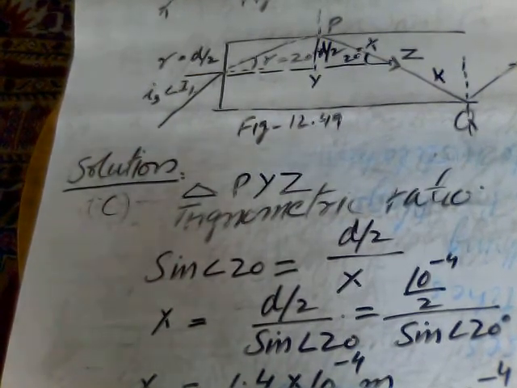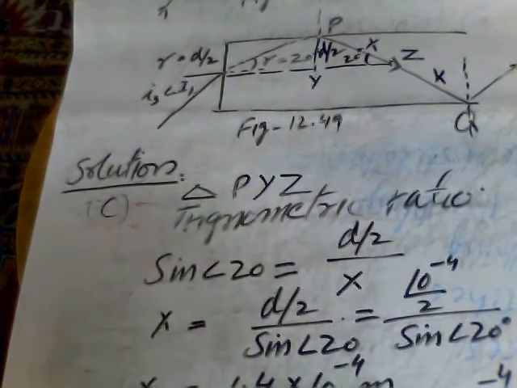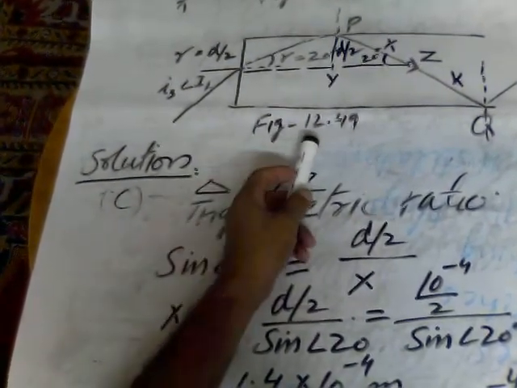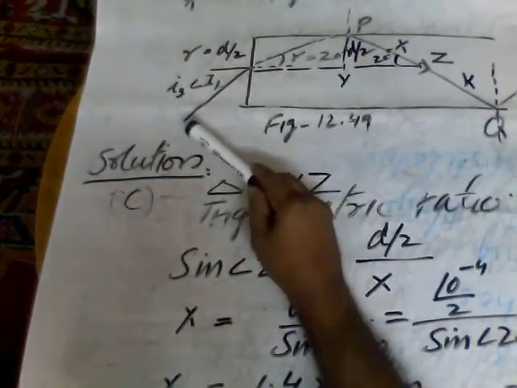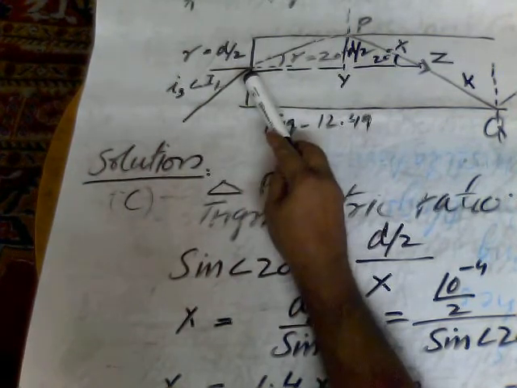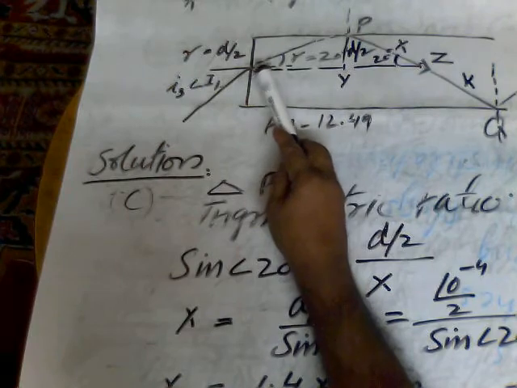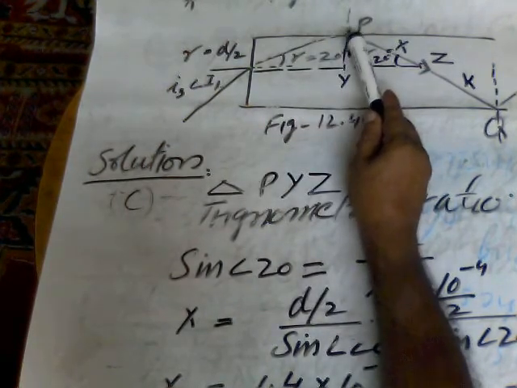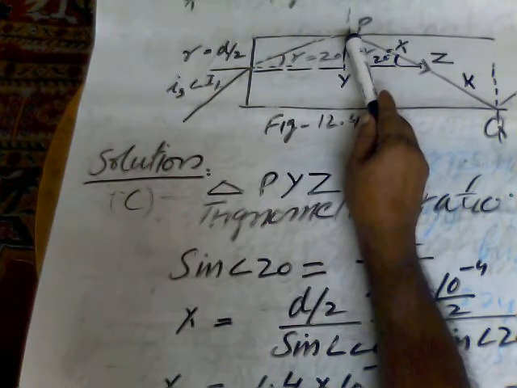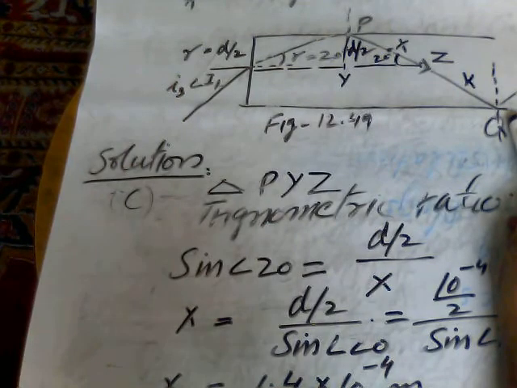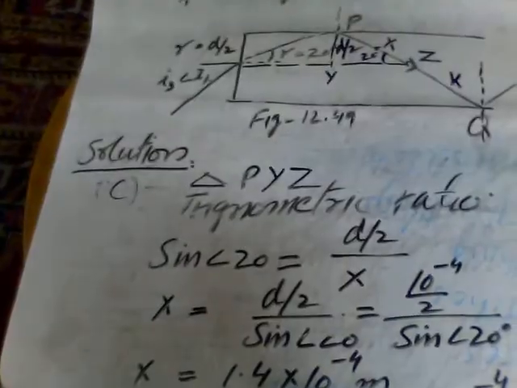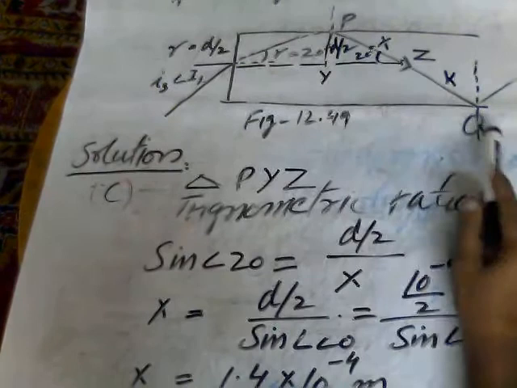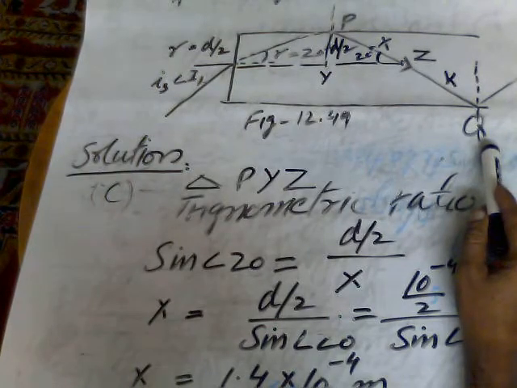Now we have to find part C. Figure 12.49, second figure. The rays that hit at A enter inside the glass fiber strand at point B. After that, total internal reflection happens, and this ray of light strikes at Q. We have to find the length of PQ.